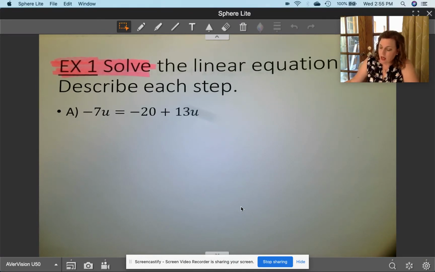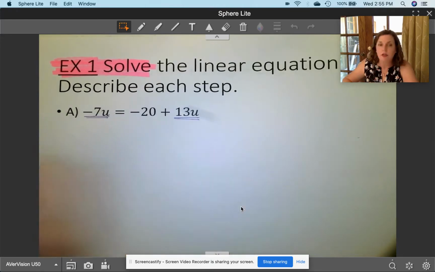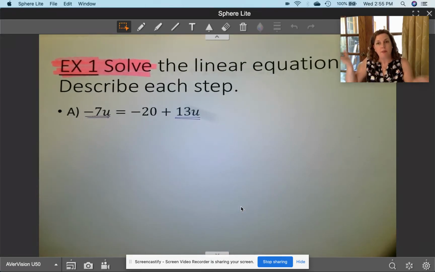All right. Here you'll notice we have variables on both sides, and this is what we want to look for today very, very carefully. You can see that we have a like term here with a u and another term with a u, and they're on opposite sides of the equation. They're friends, they're like terms, they like each other and want to be together, so we need to bring them together.